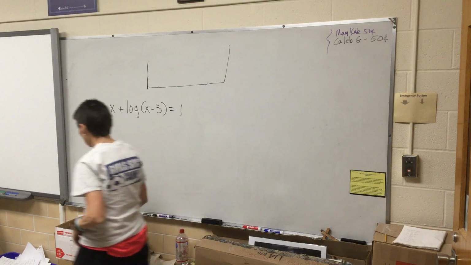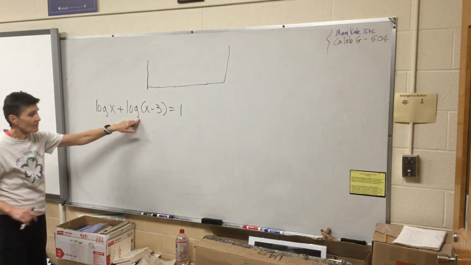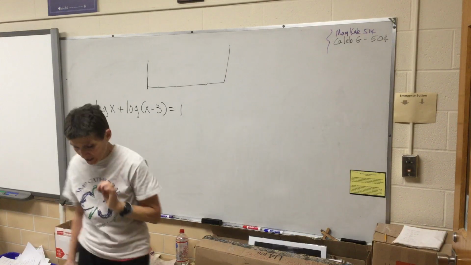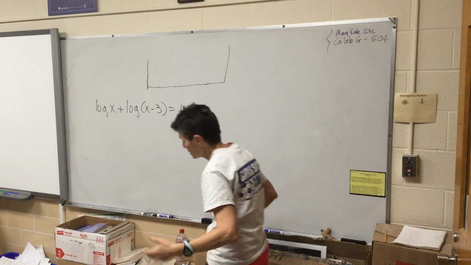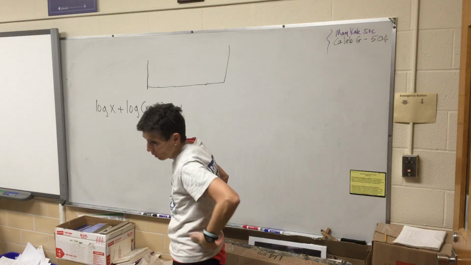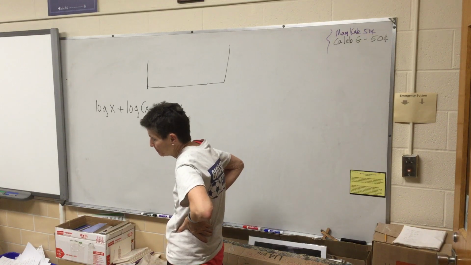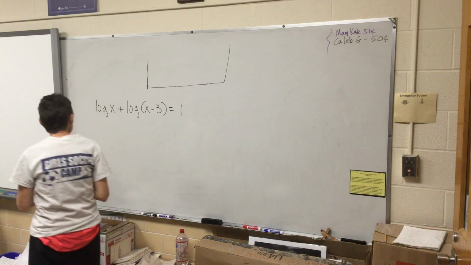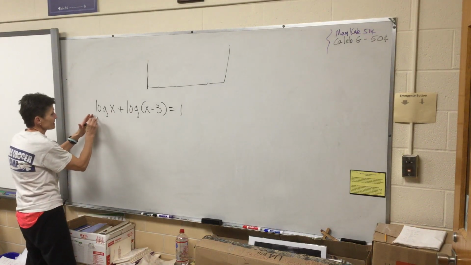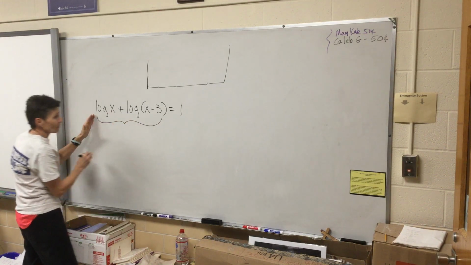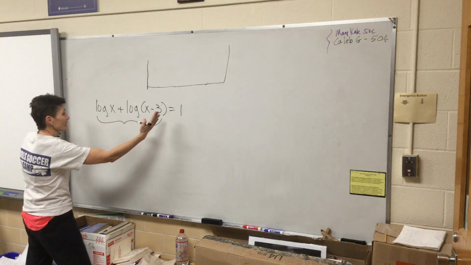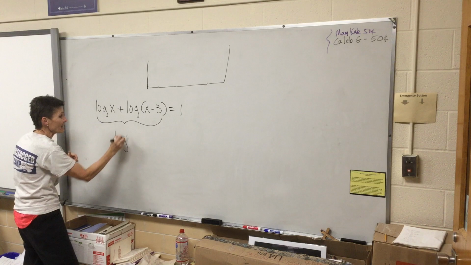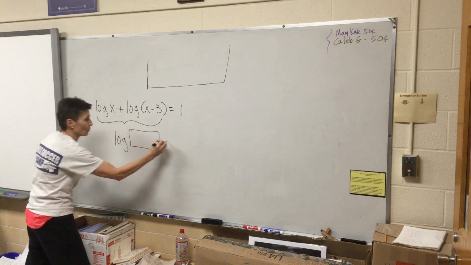Well, let me tell you, this is very bad. We can't solve any equation if we've got more than one logarithm on a side. So what I need you to think about is something we talked about in December, somehow taking these 2 logarithms and condensing them into one logarithm.